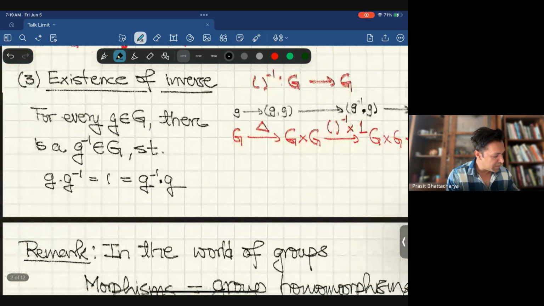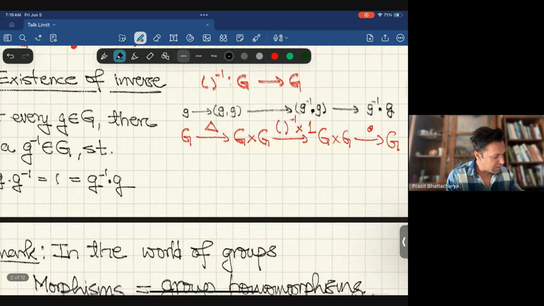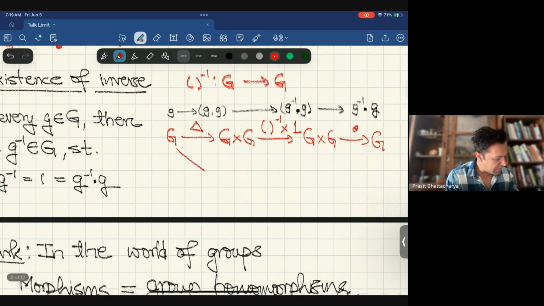By G inverse G. So that means what I gotta do is I gotta say that this thing is factoring. So this is the collapse map.